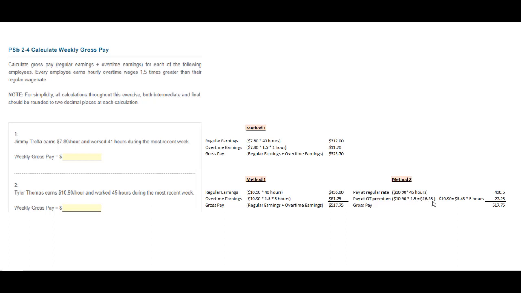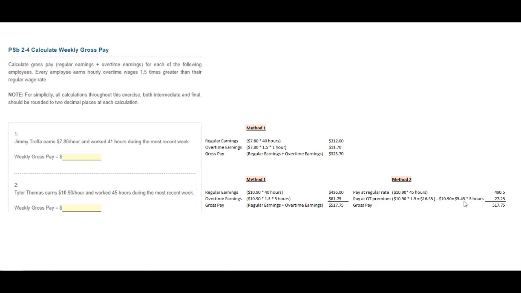That's how much is being paid for overtime. And how much is this overtime rate more than the regular rate? Well, take 1635 minus the regular rate, 1090, gets you $5.45 as the amount of overtime premium.